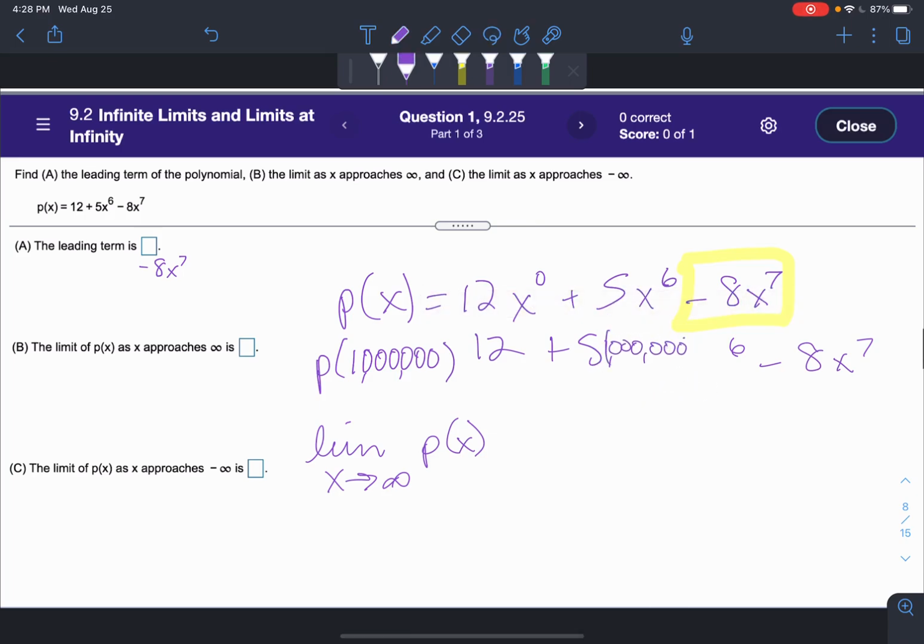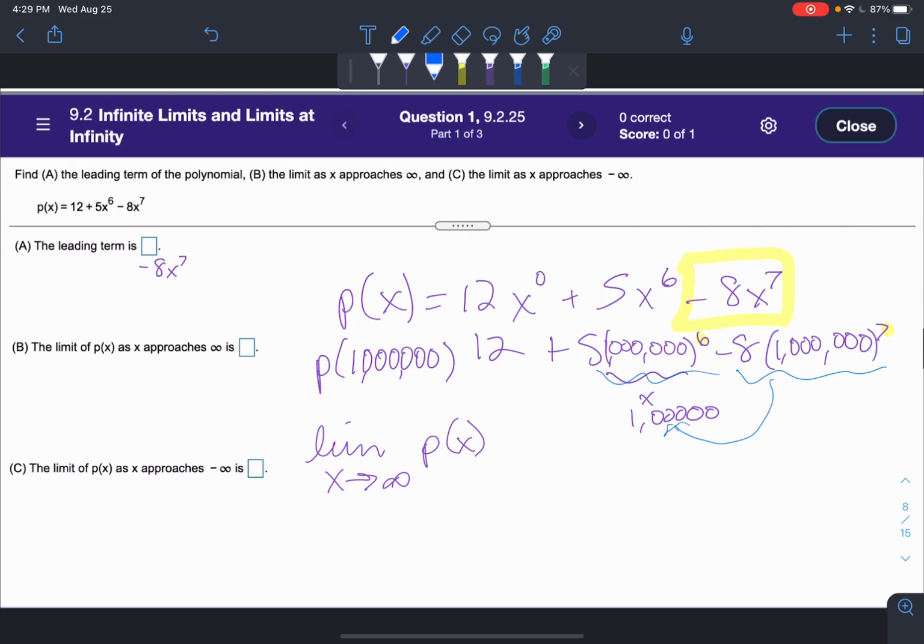Okay, and then I have this minus 8 times 1,000,000 to the 7th, which is basically taking this number and multiplying it by 1 more million, right? Because the difference in the degrees is just 1, so you're just multiplying 1,000,000 one more time. So this term is going to be even larger than this term.